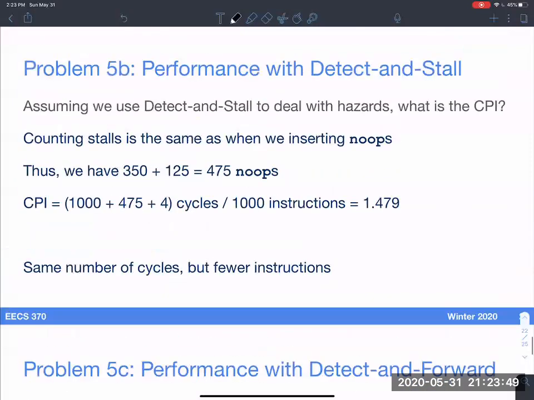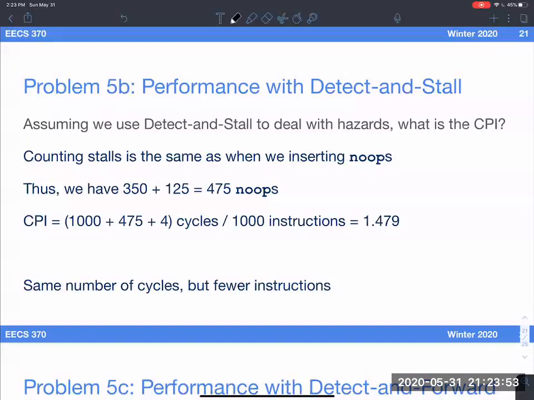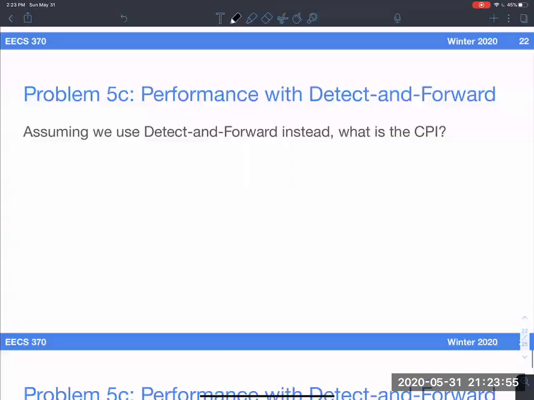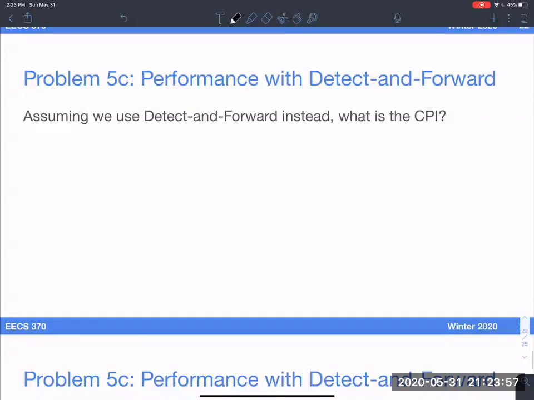And then finally, we're going to find the performance with detect and forward. So the only no-ops you need to insert this time are the 175 no-ops for the LW.